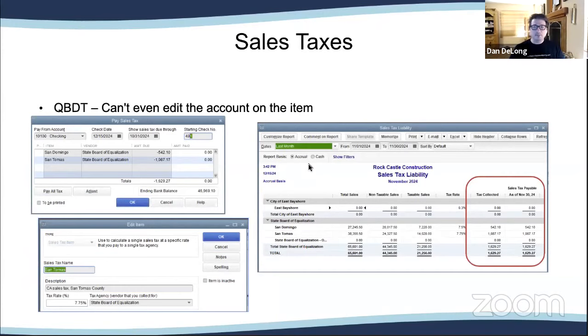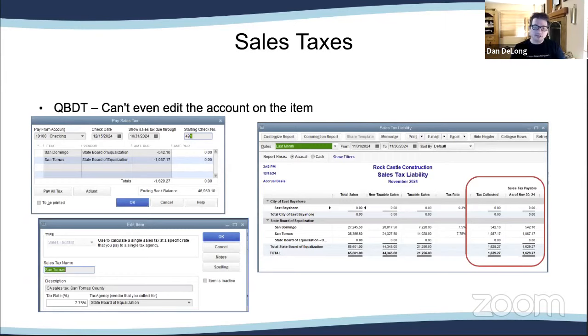Now, in desktop, you'll see here that you can't even edit the account on the item. So down here in the lower left, this is creating a sales tax item, and that's one of the big differences between desktop and online, is how the sales tax is even created. You create items and groups to be able to collect your sales tax inside of QuickBooks Desktop.